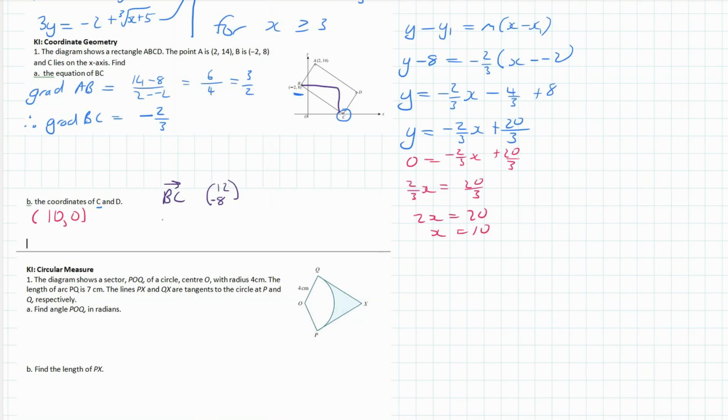And therefore A to D is the same. Therefore the coordinates of D must be go across 12, so that should be 14 for your x value, and drop down 8, so that should be positive 6 for your y value.